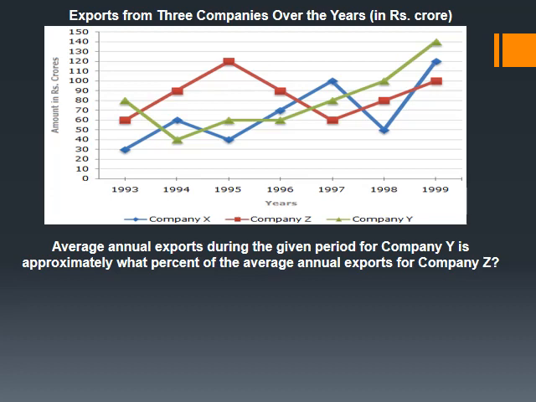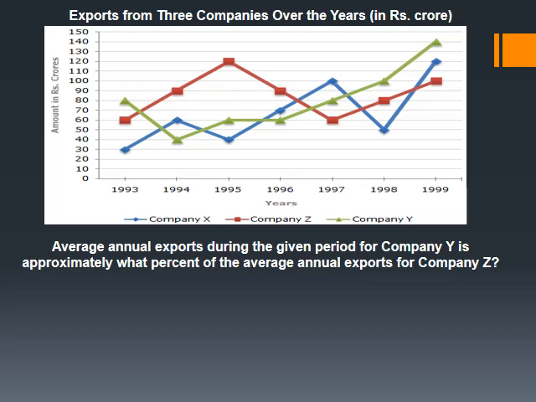So company Y's total exports should be calculated, divided by the total number of years. That gives the average annual exports. It's not the total; we find the total, divide by the number of years, and it will give the average.